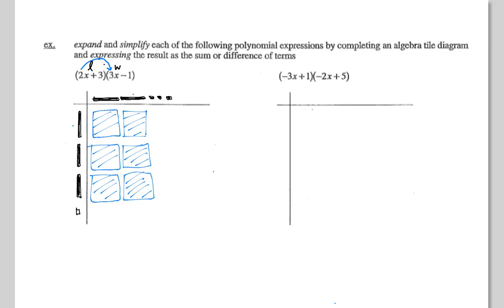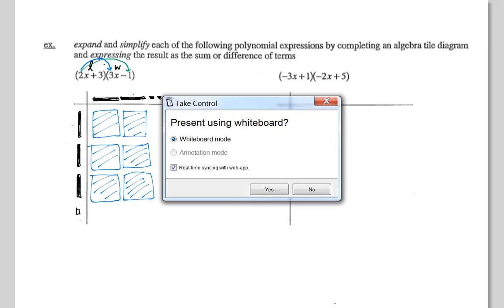Now let me go to the green. 2x times negative 1. That's where you have 2 of these bars times this unshaded unit.